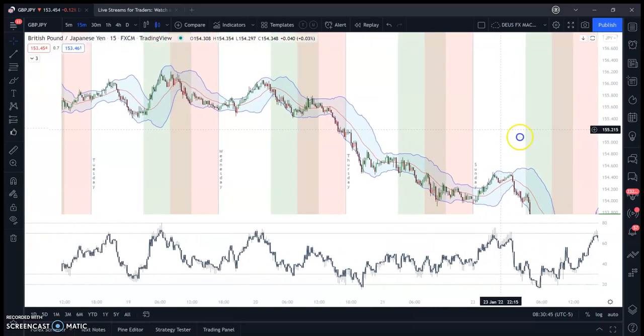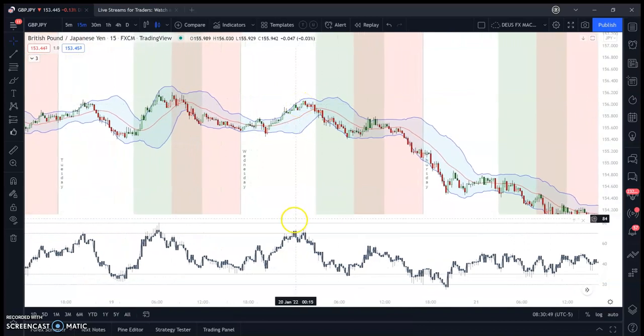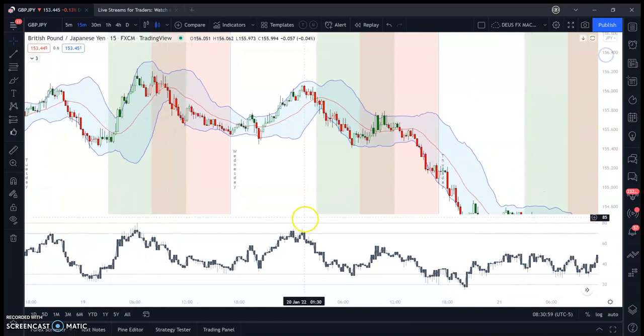What you're looking for is a touch on the overbought or oversold zones on the trend sniper indicator. Like right here, for example, we had a touch on overbought, and then we are waiting for price action confirmation. We are waiting for a bearish candle to break on our 20 moving average.